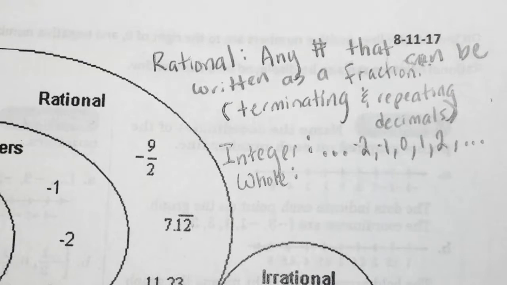Whole numbers include 0. Natural numbers do not. So integers are the whole number line. Whole numbers are from 0 on this way, and natural numbers are from 1 and continue to the positive. So whole numbers and natural, almost the same thing, but whole numbers have 0.